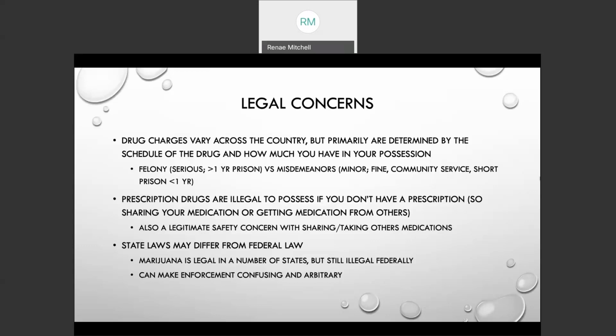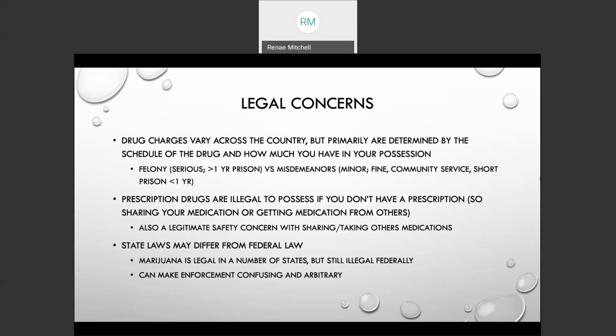And then a further complexity, as I mentioned and alluded to earlier, the state laws may be different from federal law. So marijuana is legal recreationally in a couple of states. It's legal for medical reasons in even more, but it's still illegal at the federal level. And so in the US, the federal law trumps state law, if it's being enforced.